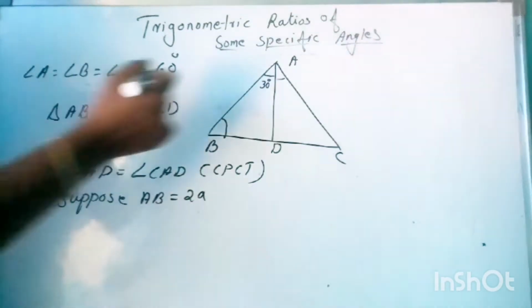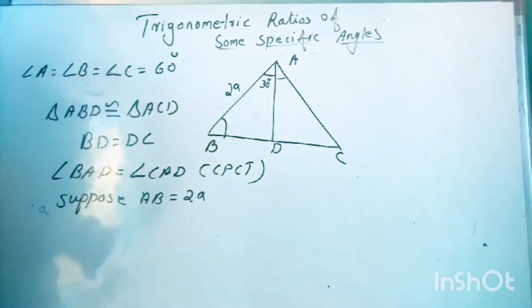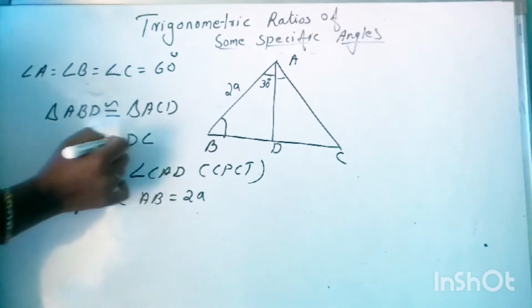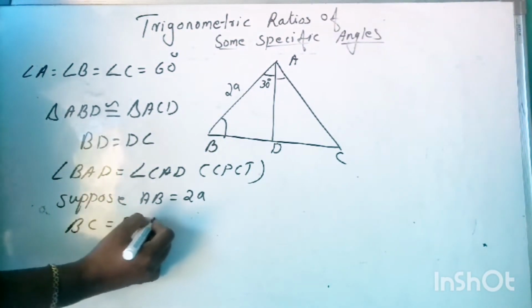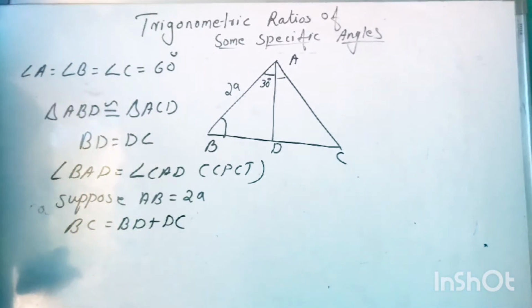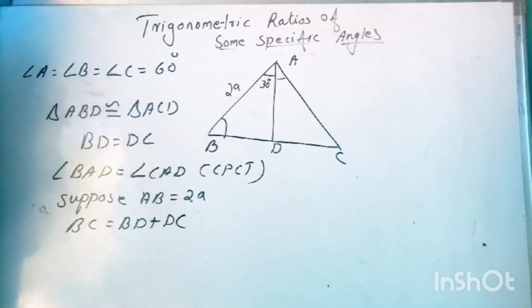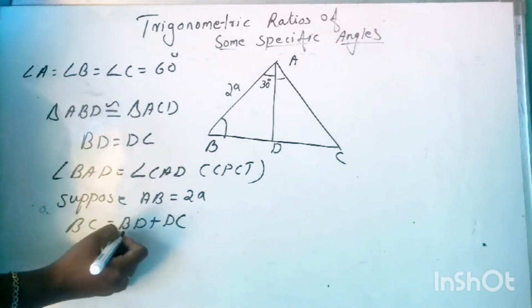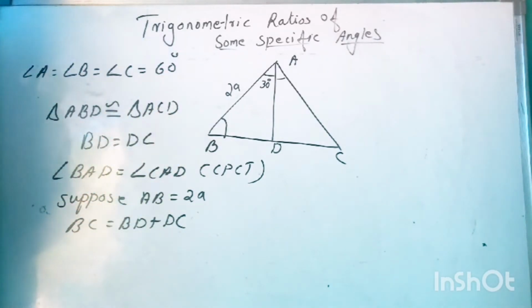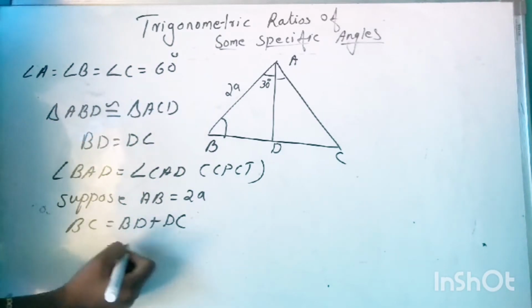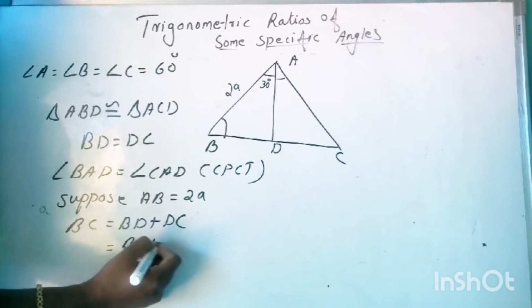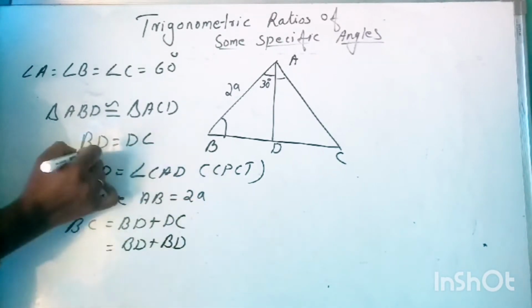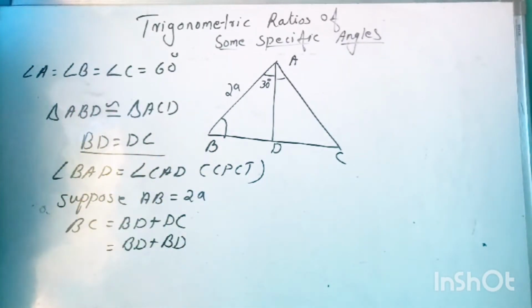Then this is 2A, and we know that BD equal to DC, and BC we can write as BD plus DC. Since BD equal to DC, we can replace DC by BD.